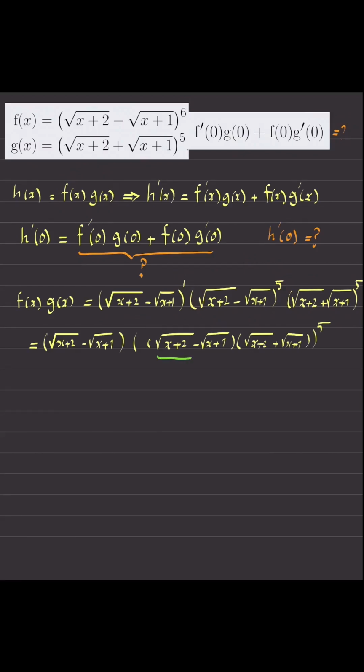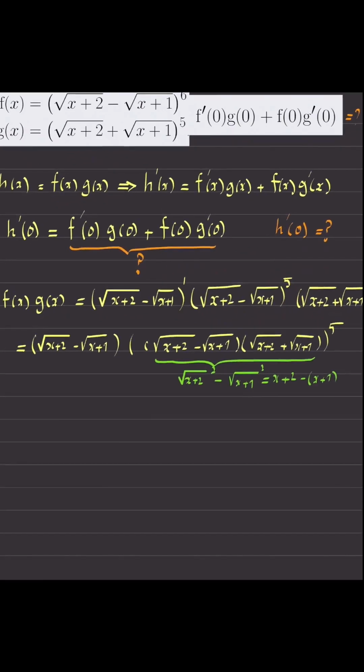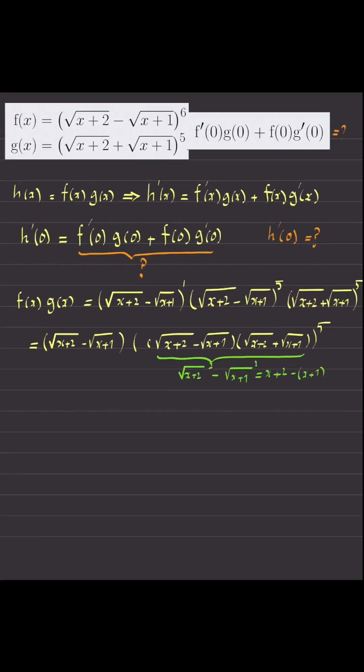Why? Because this forms the conjugate pattern. So the answer becomes the first one squared minus the second one squared. But the first one squared is just simply x plus 2 minus the second one squared becomes minus x plus 1. If you open up the pair of brackets and apply the minus sign to x and to 1, then what you get is just simply 1.